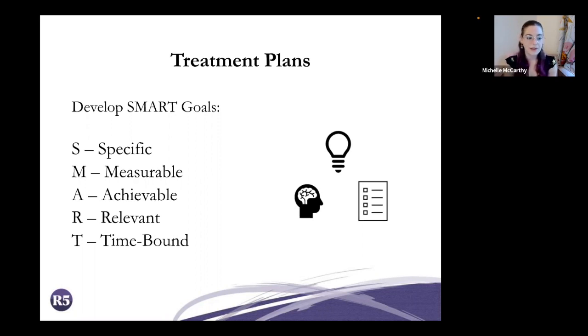Like, oh, we need to learn grounding, and my head's just spinning with all the ideas of things we need to work on. But if the client says, oh, that's not what I want to work on, I'm not interested in that, then it doesn't matter. We need to make sure that the goals we create are relevant to the client and relevant to what they report is going on.